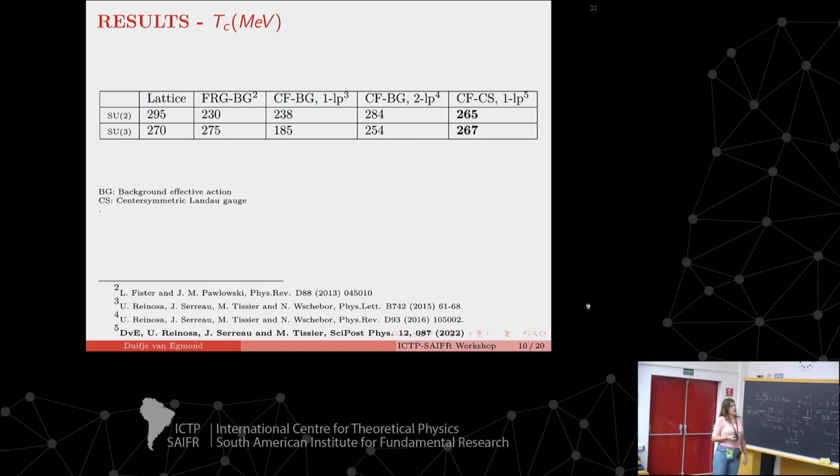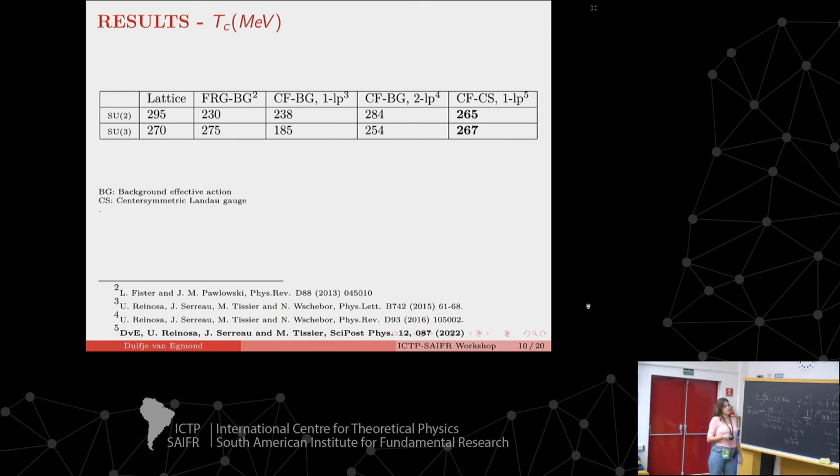Now, here are our results. First of all, this is a work that we published earlier this year, where we just calculated the effective potential up to one loop. And we found these transition temperatures for SU(2) and SU(3), which can be compared to the lattice data over here, and also to other continuum methods, such as the FRG with the background field effective action, so by taking A and A bar equal, and also the Curci-Ferrari model in this background effective action.